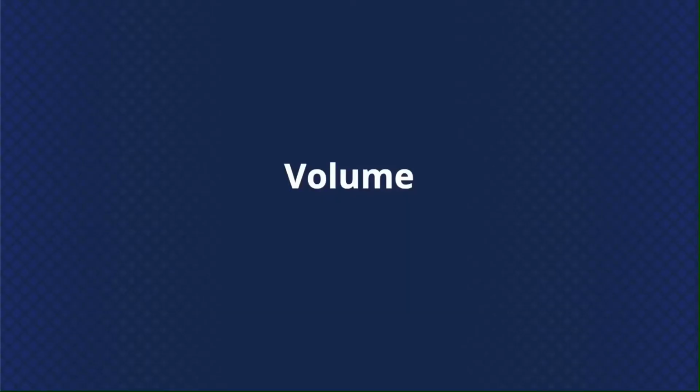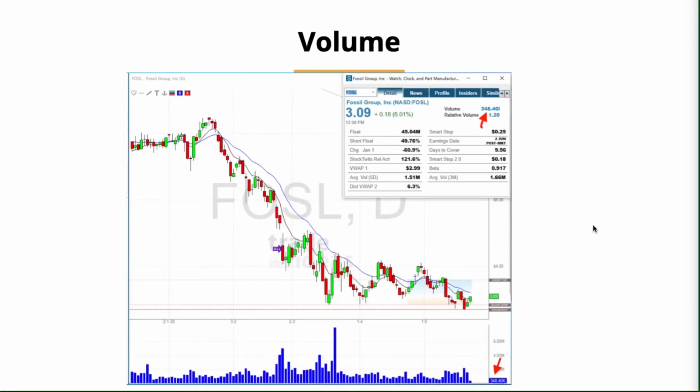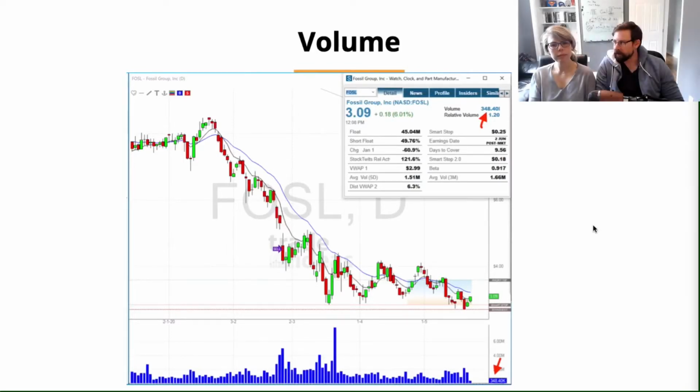So volume is essentially just a number that shows the amount of actual shares that changed hands today, right? So for example, I've got a chart here on Fossil. And you can see in Trade Ideas, we have that window that I keep saying is where all the raw data is. And you can see there it's got 348, that's 1,000 shares.